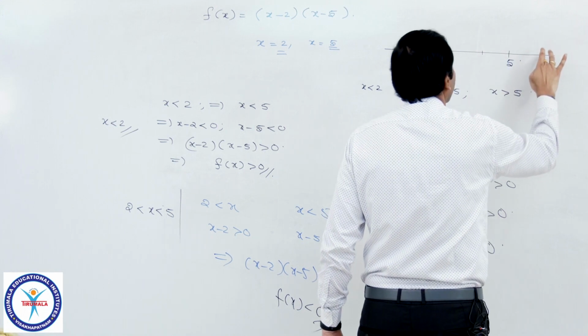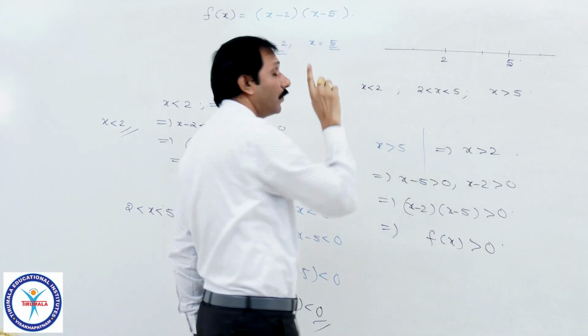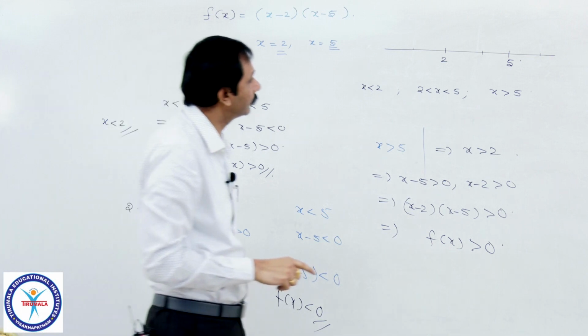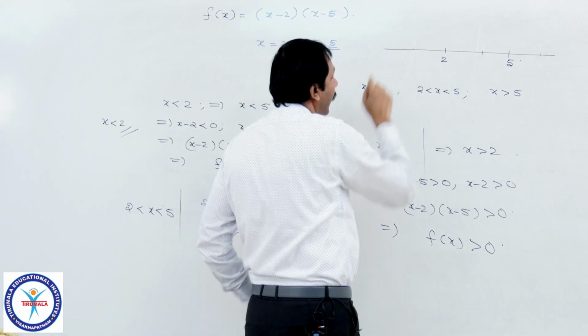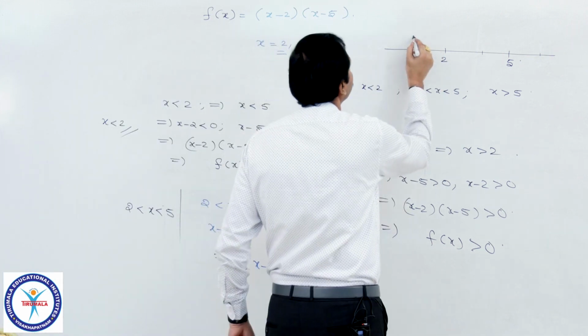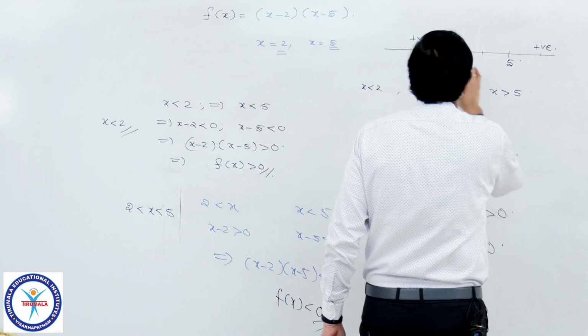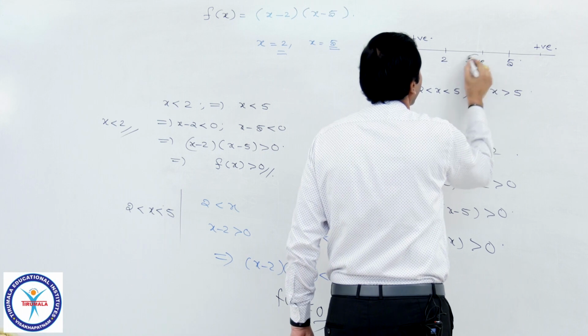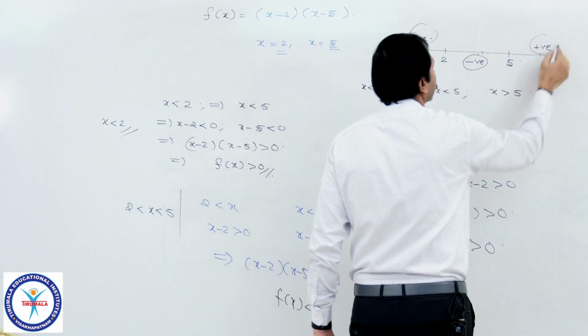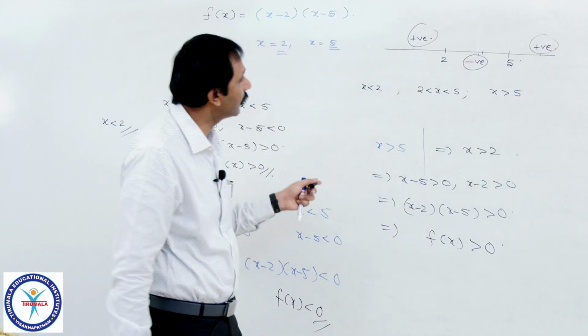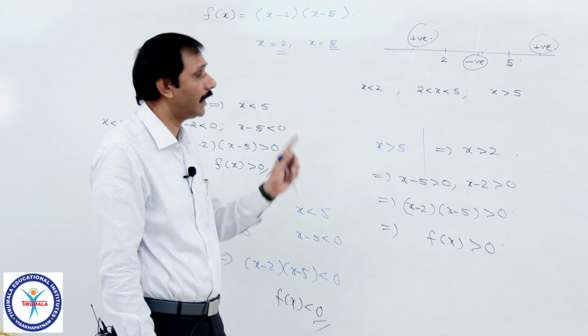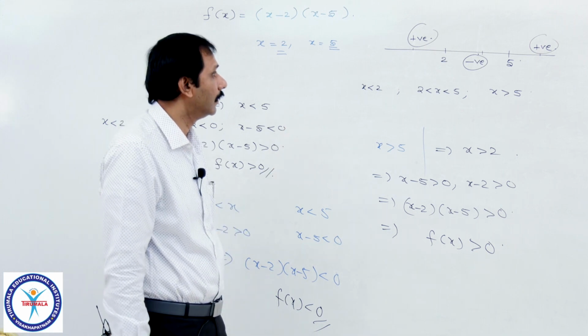If you take f of x consisting of only two factors, less than 2 I get positive, between 2 to 5 I get negative, and greater than 5 I get positive.